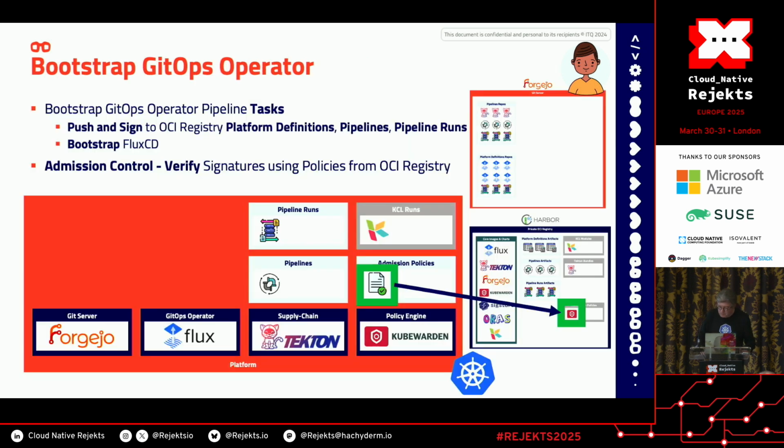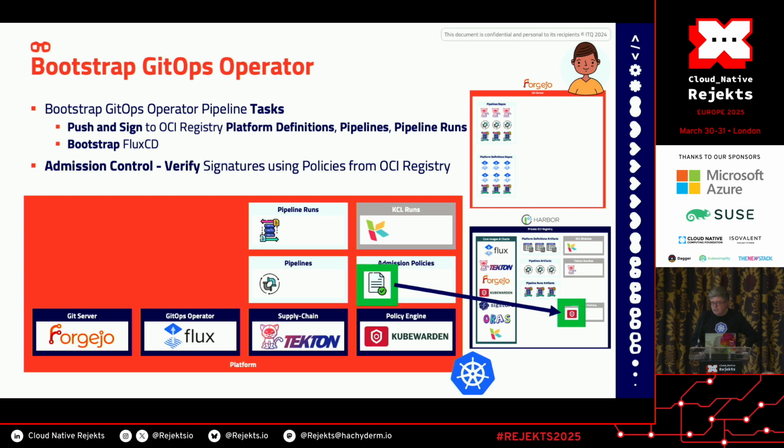Now, the GitOps operator is ready to bootstrap. Before that, remember the WebAssembly-based policy management, Kubewarden. It has an admission controller here that is linked to a policy stored in the OCI registry.